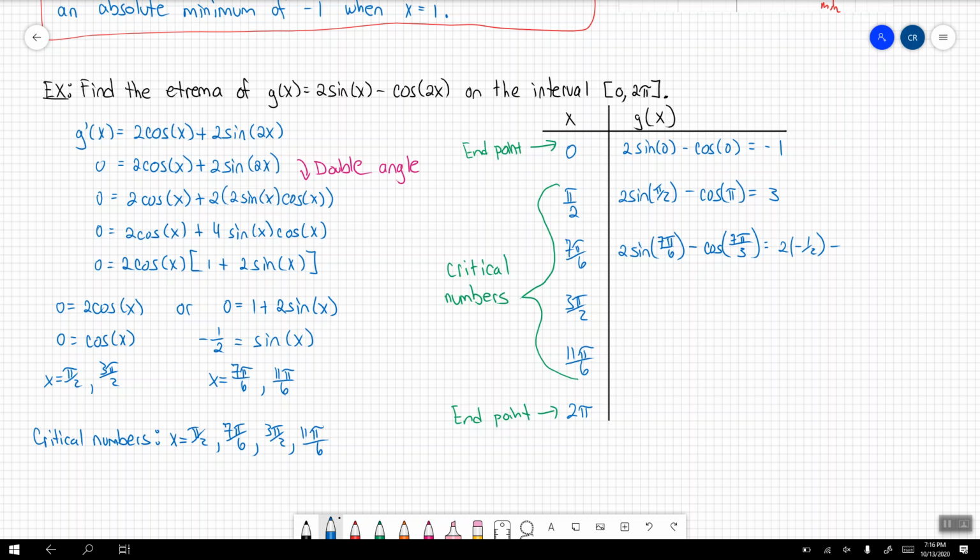Now this one's going to be a little bit interesting because 7 pi/3 is already past one full rotation around the unit circle. One full rotation would be 6 pi/3, in other words, 2 pi.